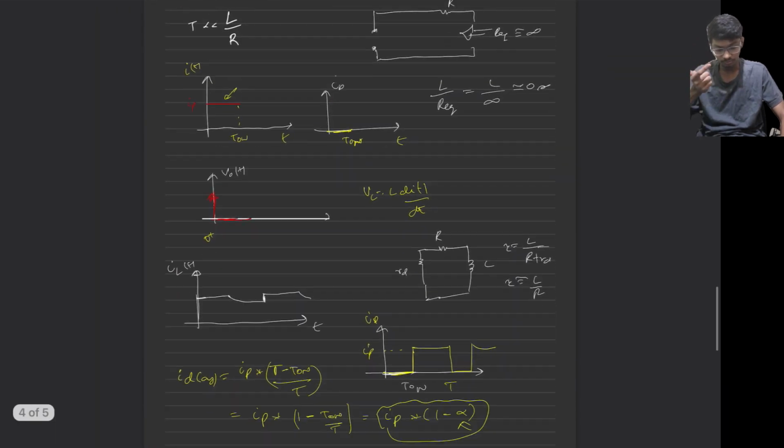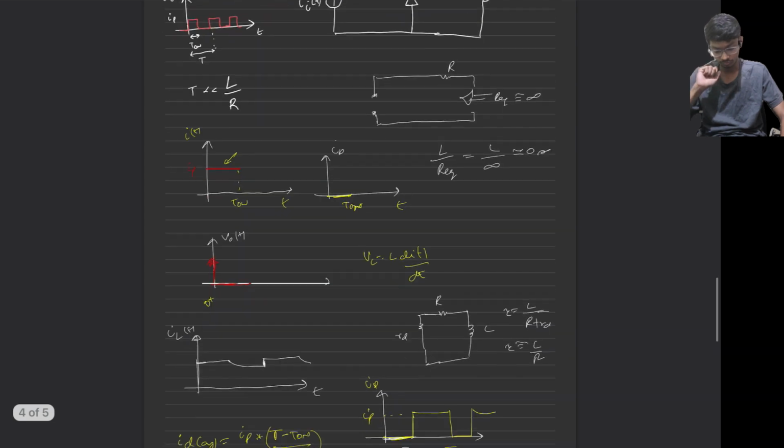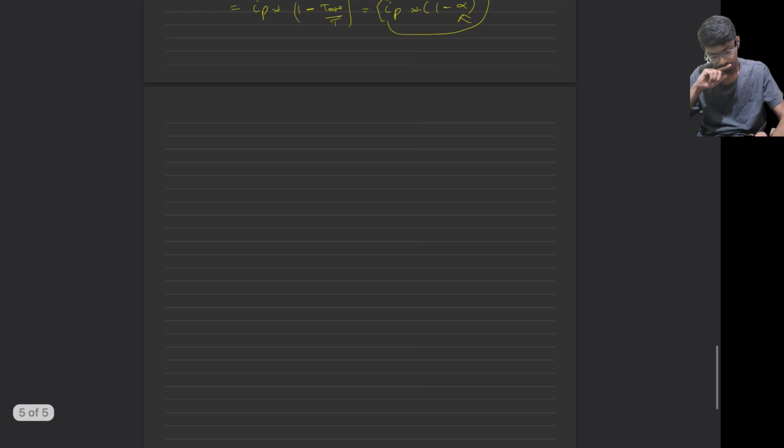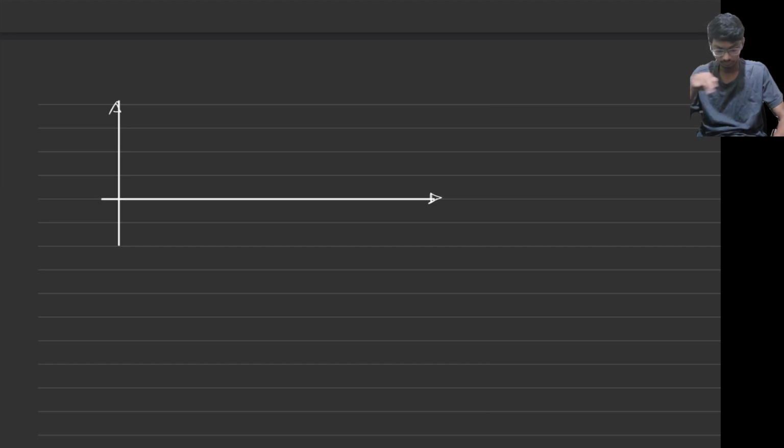If you want to know the output voltage, the VL: the inductor will produce a voltage in the opposite direction to continue to flow the current. Initially we had an impulse, then it was 0, then again it will go here and suddenly it will decay.